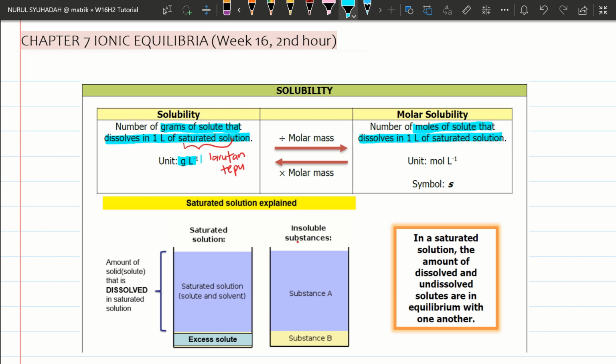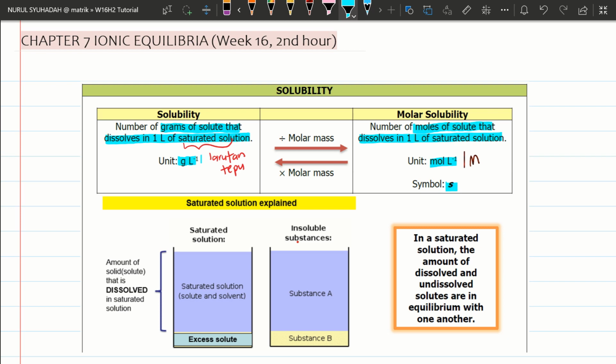The unit is mole per liter, or we can also write the unit as molar, M. The symbol for molar solubility is S. Molar solubility is very important because later on, when we do calculations, you will see that inside the ICE table that we construct, we use S as our unknown, the molar solubility.